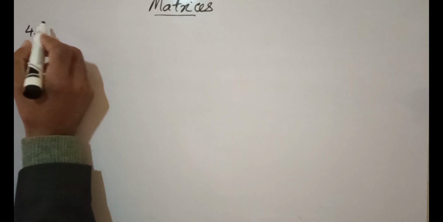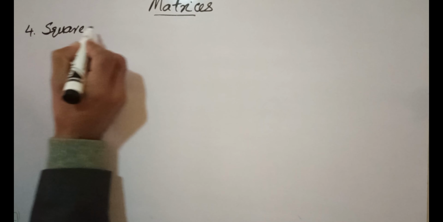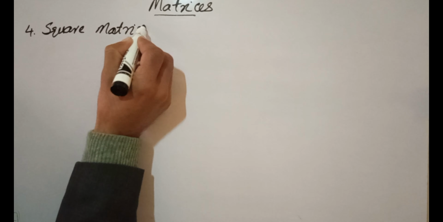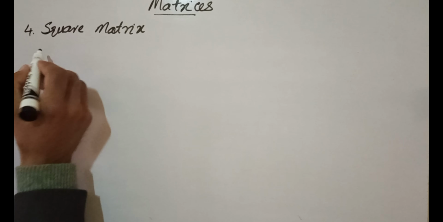The square matrix. A matrix is called a square matrix if its number of columns is equal to the number of rows.